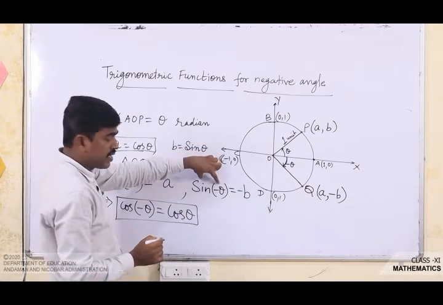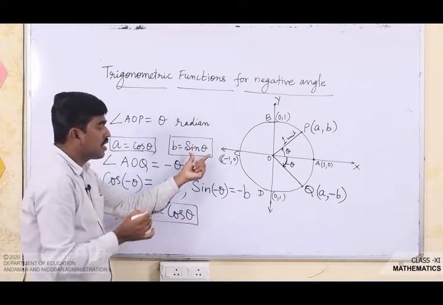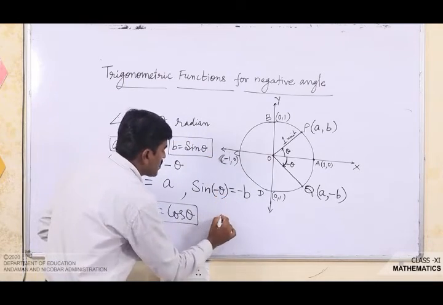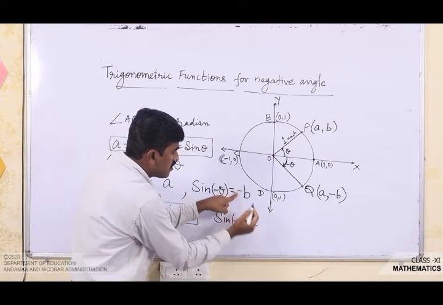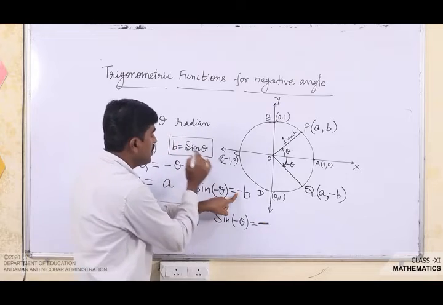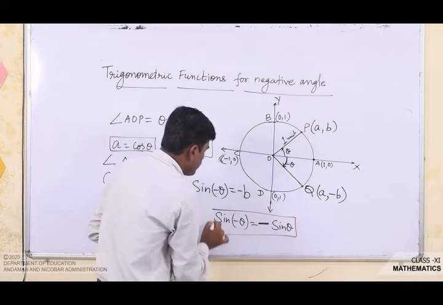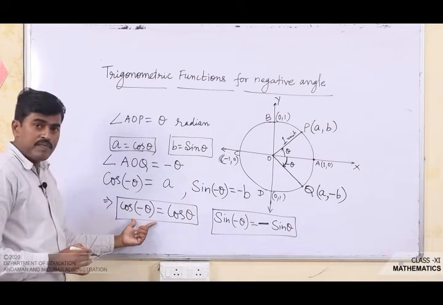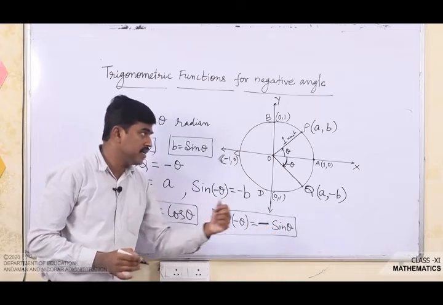And what about sine of minus theta? It is minus B. Now what is the value of B? B is sine theta. So sine of minus theta can be written as minus sine theta. It is a very important formula. Cos of minus theta is cos theta and sine of minus theta is minus sine theta.